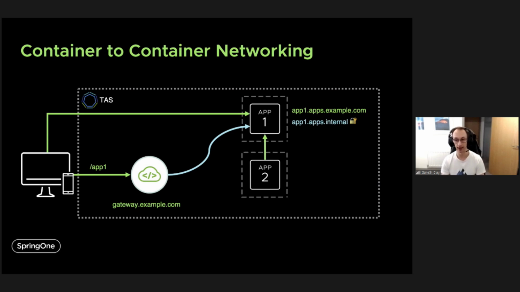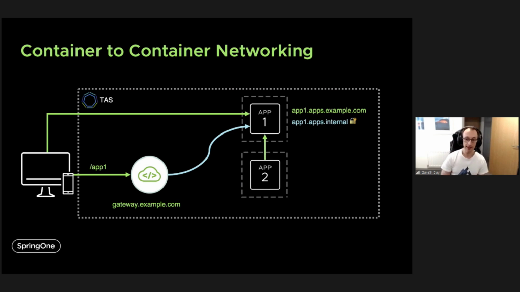So app one has an external URI, so it can be accessed directly. And then if we bind it to Gateway, then we'll also be able to access it via the Gateway. So if we make a request to the Gateway's external URI, as long as the request matches the route for the bound app, then the Gateway will forward that request to the app using its internal URI over the container-to-container network.